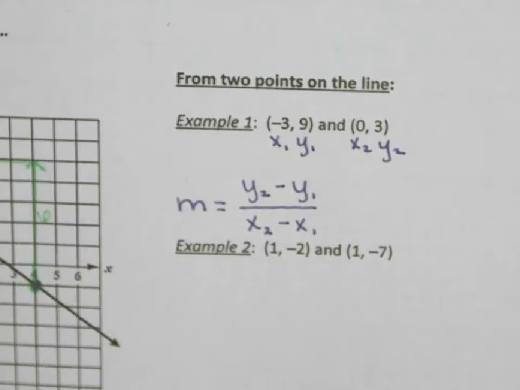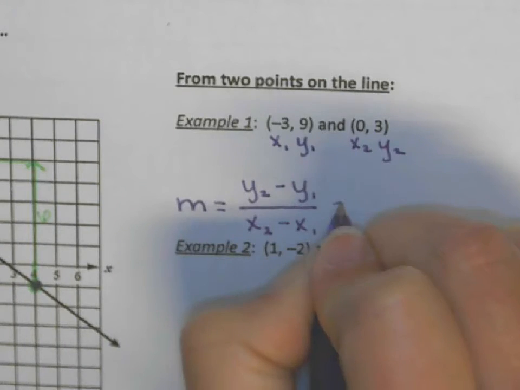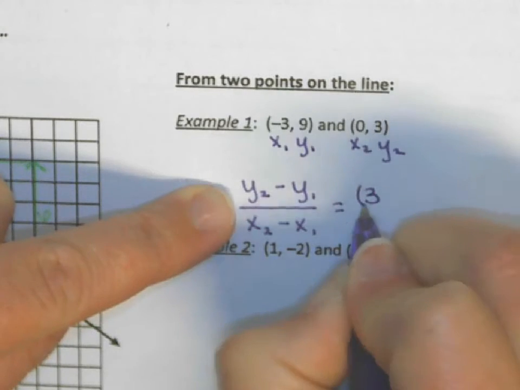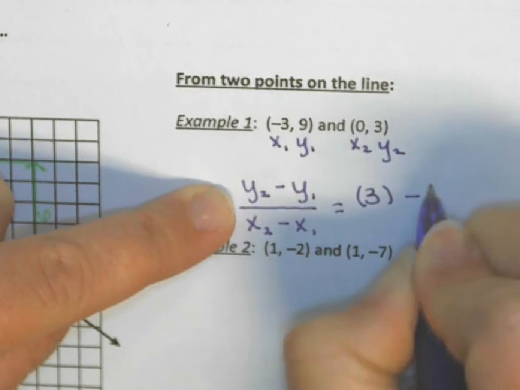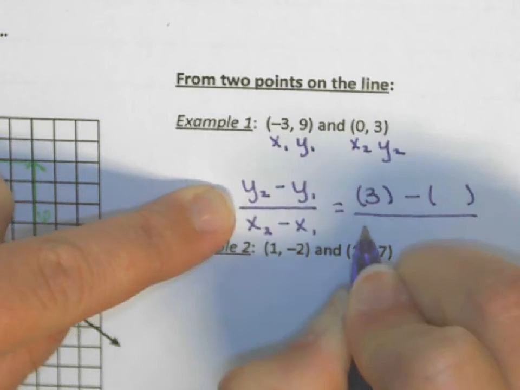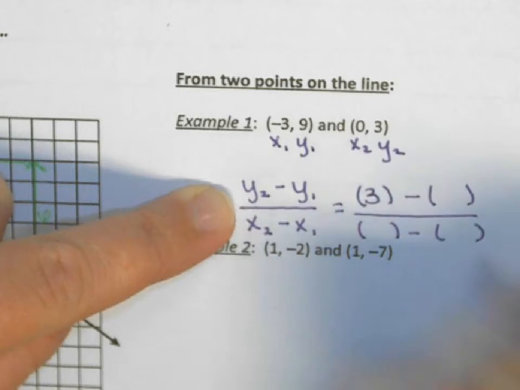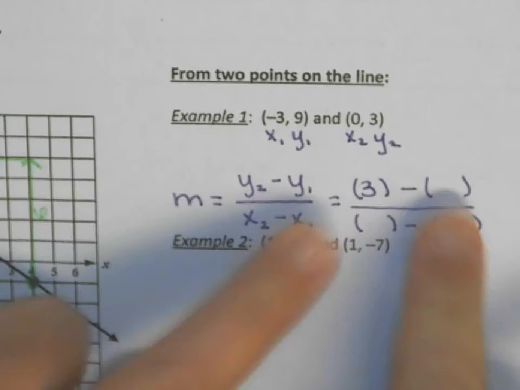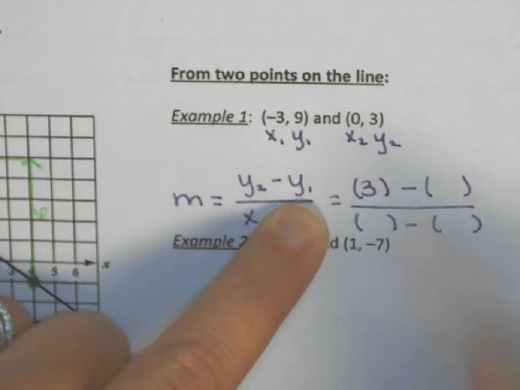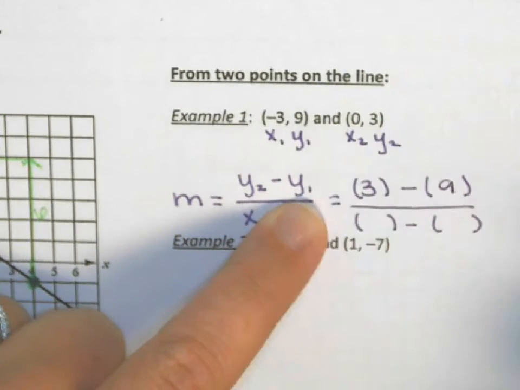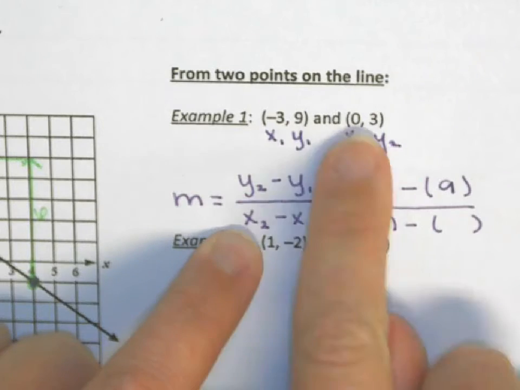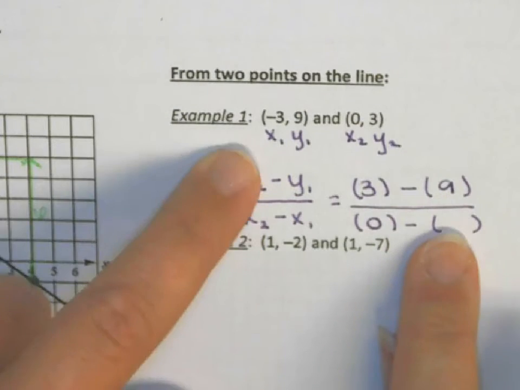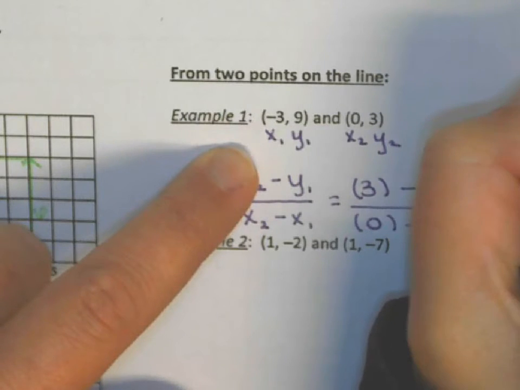And then all I'm going to do is fill in everything where it needs to go. So my y2 is labeled at 3 minus my y1. And you can even start by just writing out like this and then filling in everything. So that was y2. y1 goes right here, which is 9. x2 is labeled at 0. And x1 is labeled negative 3.